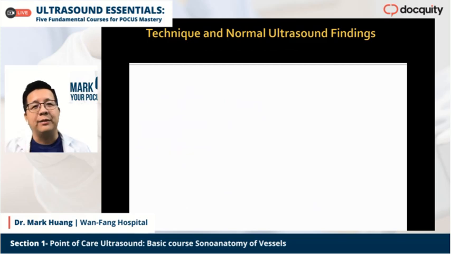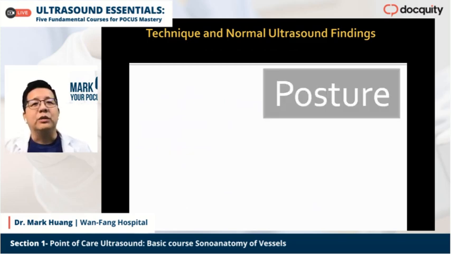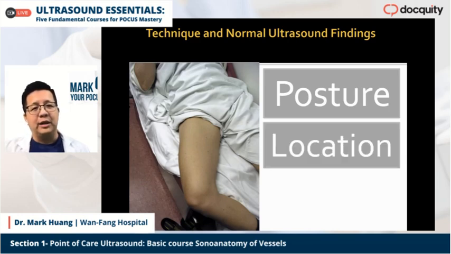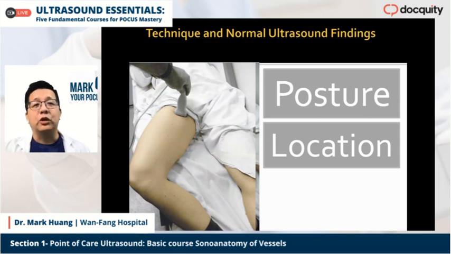We apply this concept to ultrasound. You need to put the patient in the correct and appropriate posture like this, just like a frog leg. And for location, there are only 2 points to check. Take a note: 2 point check.